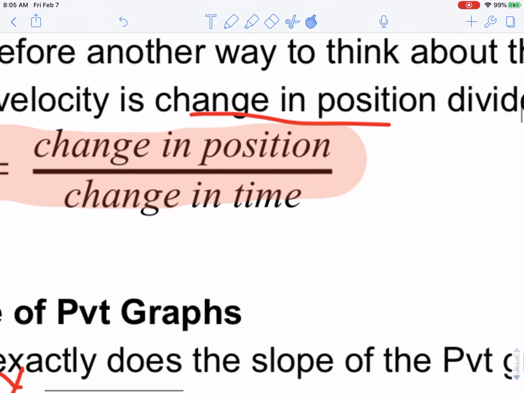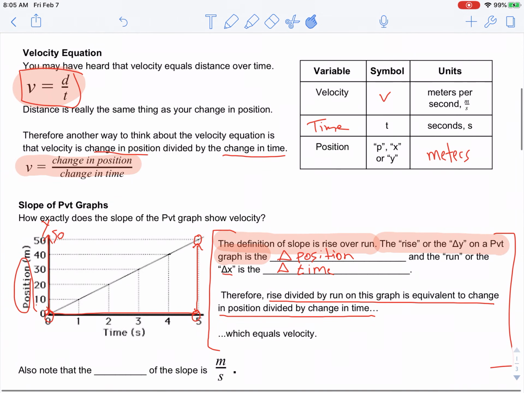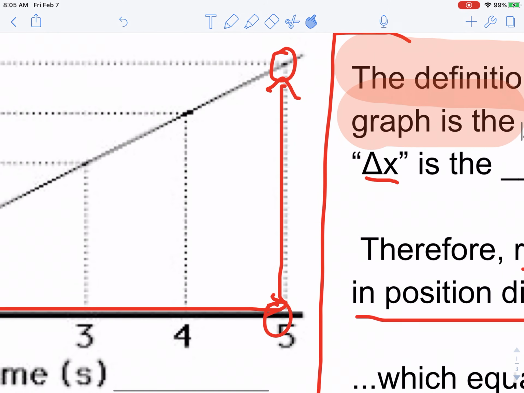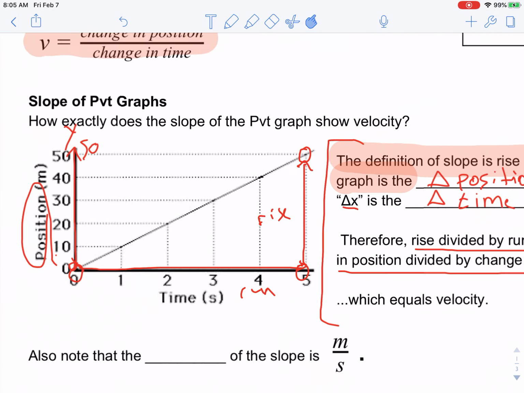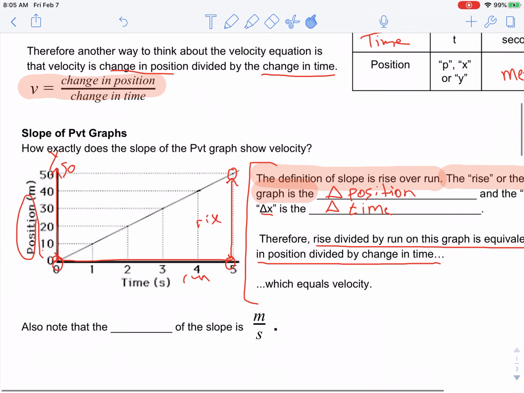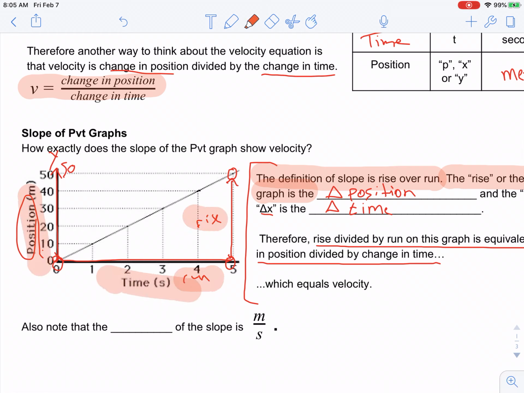Rise divided by run. So now we're setting all these ideas equal to each other. The rise divided by the run on a position versus time graph is the same as the change in position divided by the change in time, which equals velocity.